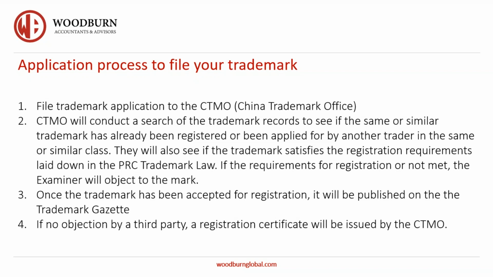And like I said, all these 4 steps take between 12 and 18 months. Now, if you've done your research and you are pretty certain, because your advisor has told you this, that your trademark will be 70 to 80% approved, because there's never 100%, then for 12 to 18 months you've got nothing to worry about, and you can start marketing.